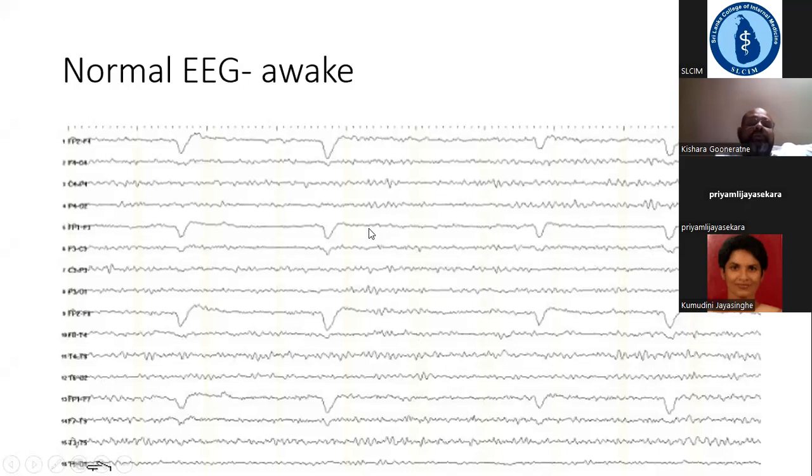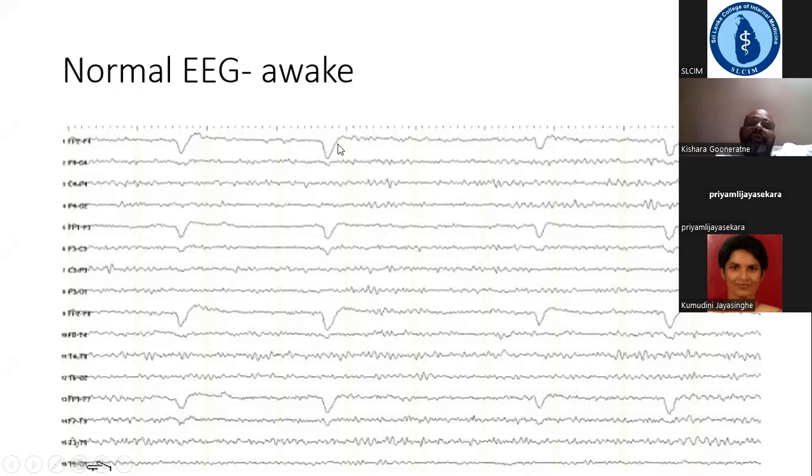So this is what we are talking about when we say antero-posterior gradient and a posterior dominant alpha rhythm. This posterior dominant alpha rhythm is seen throughout your life, and this frequency doesn't change even in the elderly.